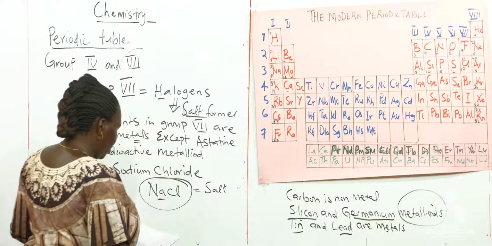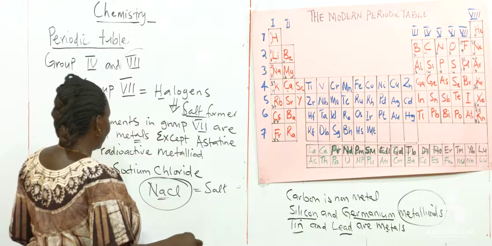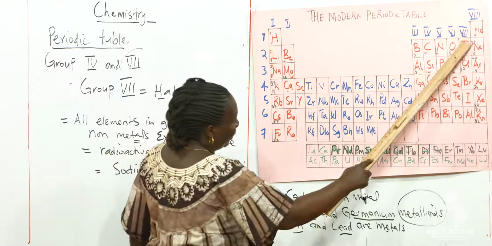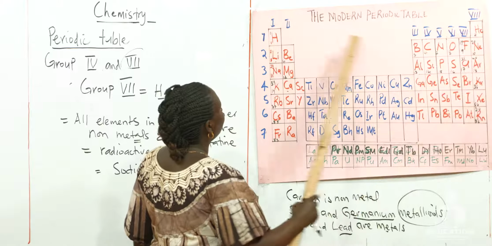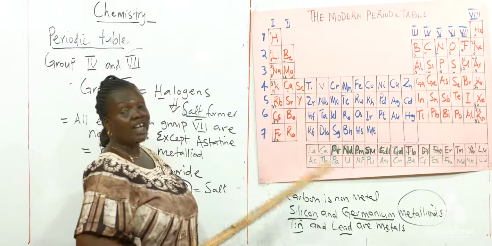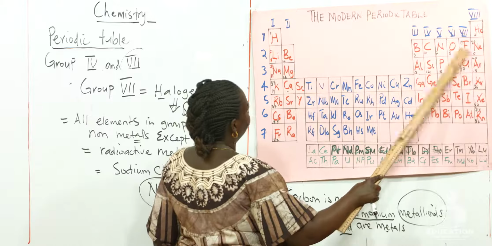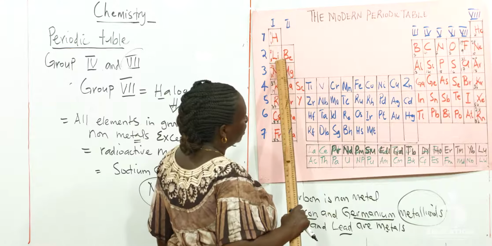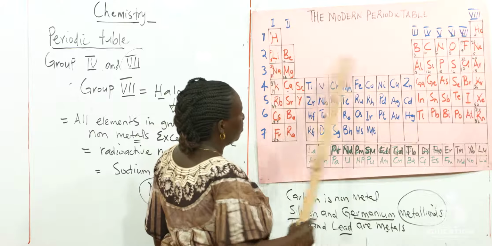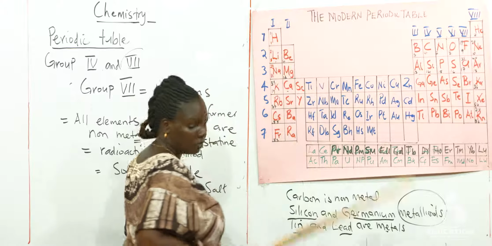So all of the halogens form similar salts with sodium and with other alkali metals. All the halogens in group 7 can react with all the alkali metals in group 1 to give us the same salt. So we can have fluorine reacting with lithium, sodium, or chlorine reacting with sodium or potassium to give us the same salt.